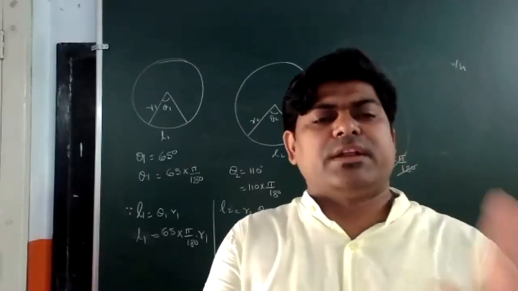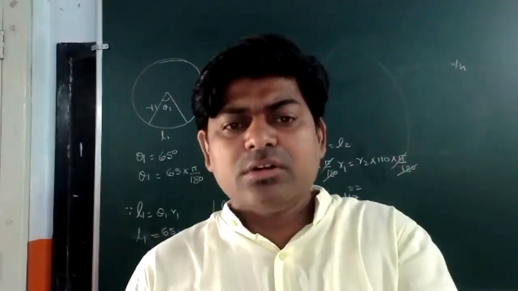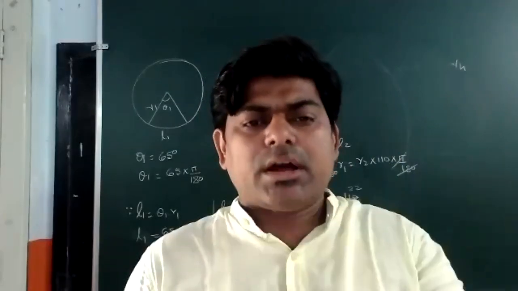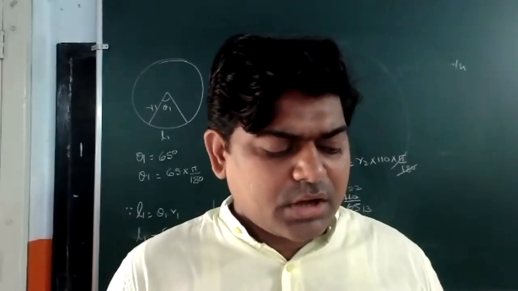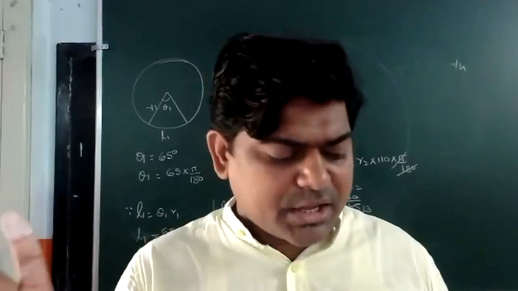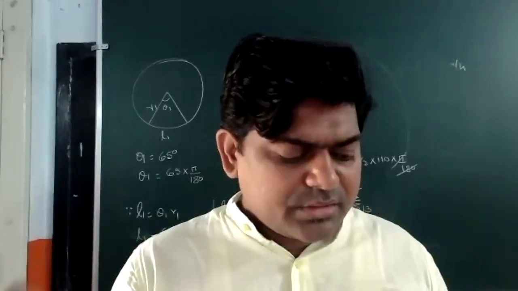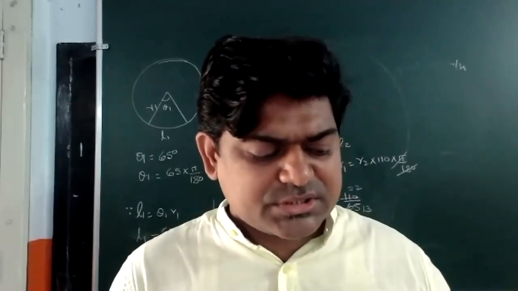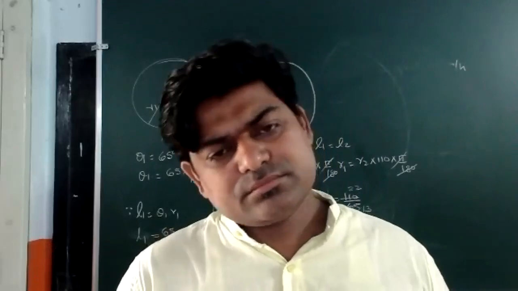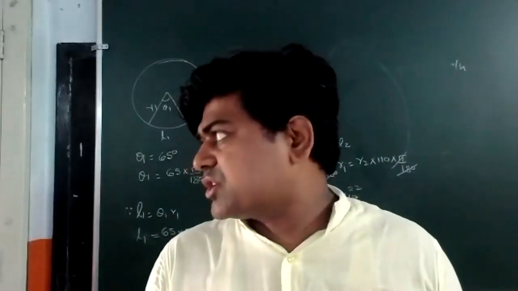Now, question number 15 is also like that. Find the length of an arc. Again, it depends on L, theta and R. The length of the arc of a circle of radius 75 centimeters. R is given. And then the central angle measures 126 degrees. Theta is 126 degrees.